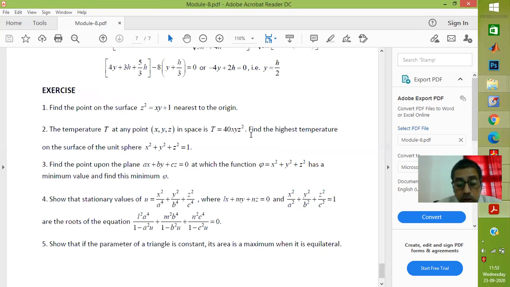So you have to work on all types of situations, because engineering applications require that you work with all possible situations. So with this lecture number 8, we wind up the optimization of multivariable functions. I hope you will all be in good shape after practicing the contents of this lecture.